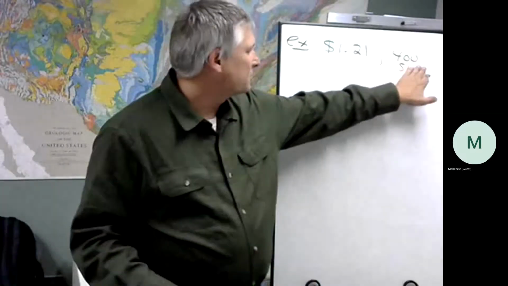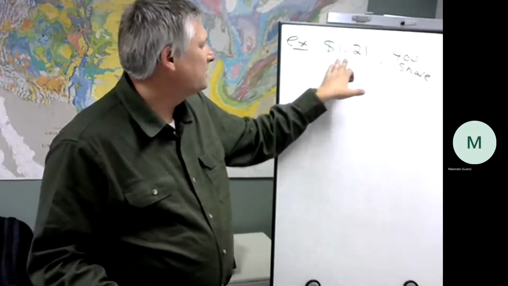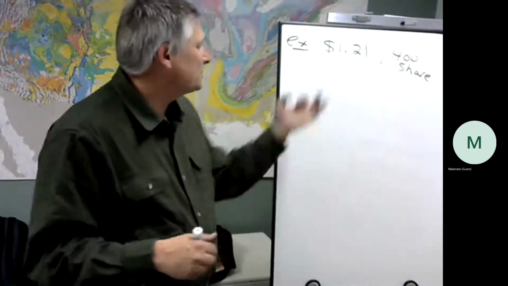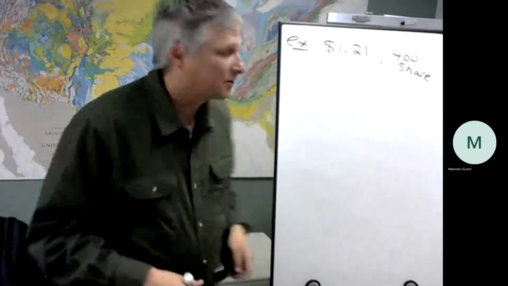So what you might ask is this. Let's say you have a stock with a dividend of $1.21, and you have 400 shares. The yield is $1.21, that's money that you get per share. So how much do you get in total from these shares?